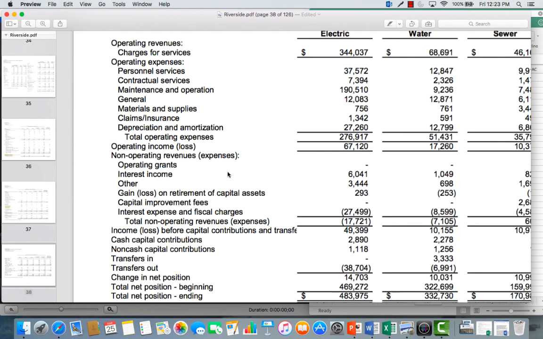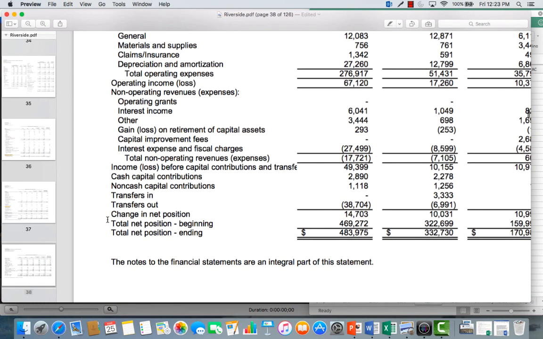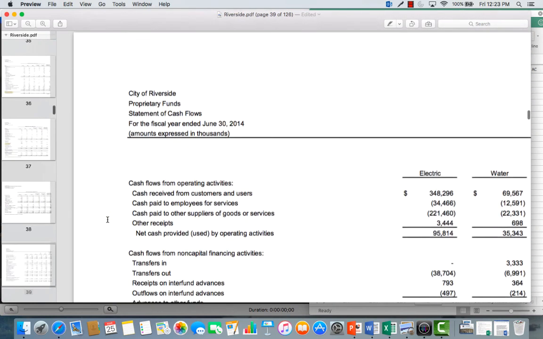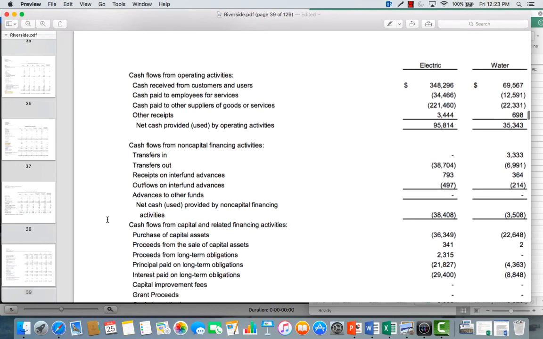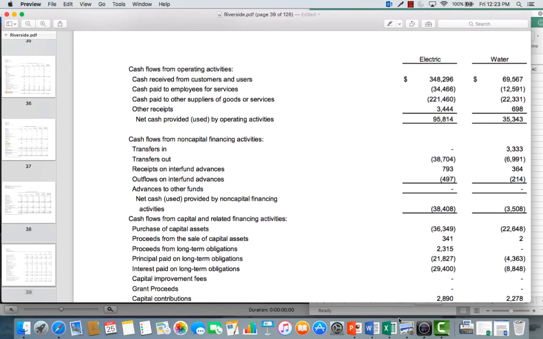In fact, I don't see anything at all. They're most likely, if there are, to appear in the non-operating section. But as you can see, there's nothing here that clearly says that it has anything at all to do with derivatives, and so there's nothing to enter for that statement.